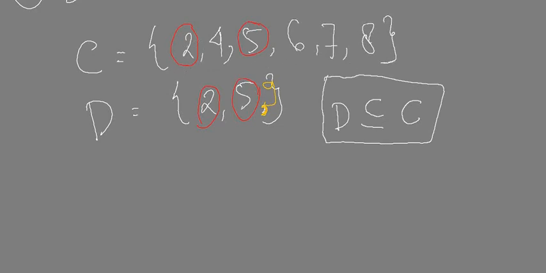No, we don't have 9 over here, but we have 9 over here. That concludes that D is not a subset of C anymore, because we have 9 here but not 9 here. So that's this example. Let's erase that. Okay, that is for subset.